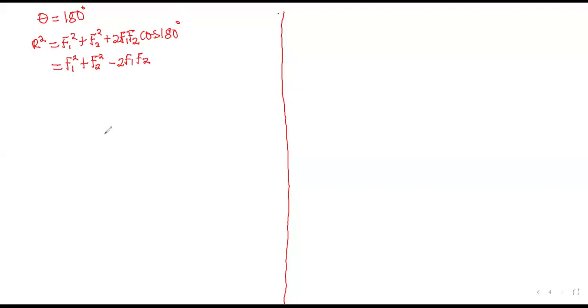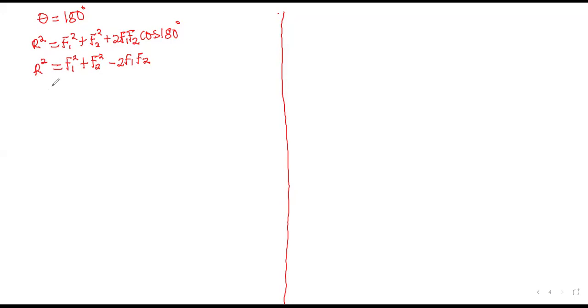Class, what is f1 squared plus f2 squared minus 2 f1 f2?